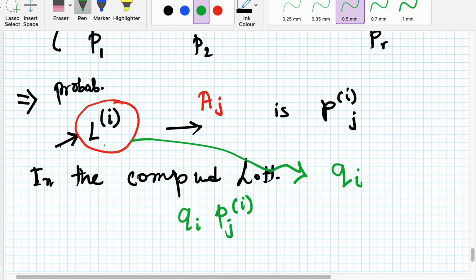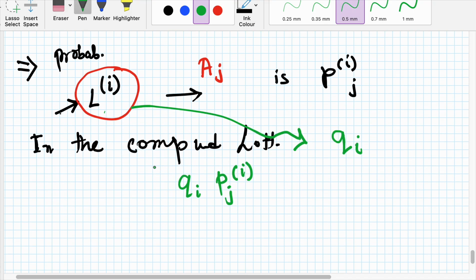Now AJ can occur in every lottery, for every I. So if I sum over I, I will get PJ. This PJ tells us the probability that in the final prize I will get AJ.